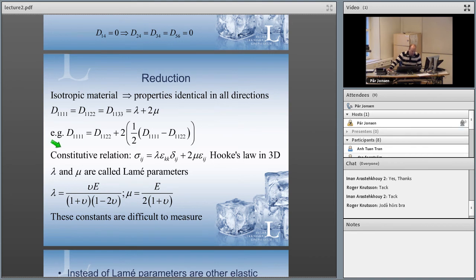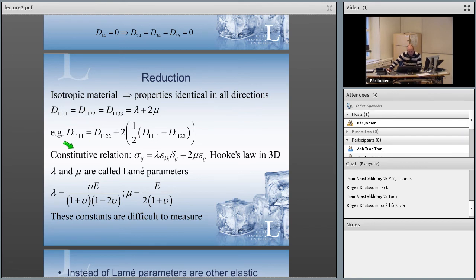And if you look in the full tensor at the positions D1111, D1122, D1133, you will have these properties. Lambda plus 2 mu. And then you can write it like this.